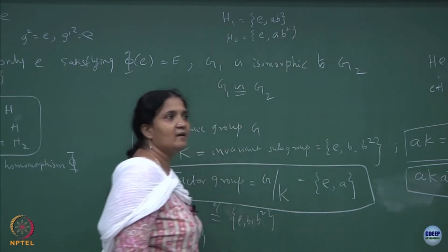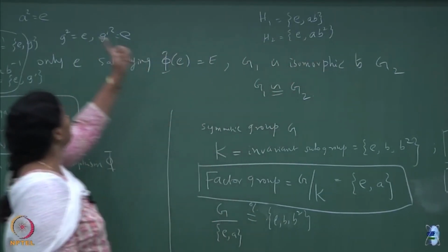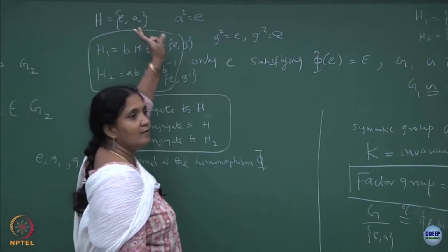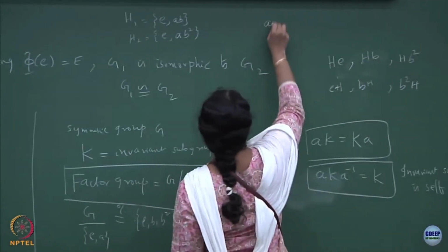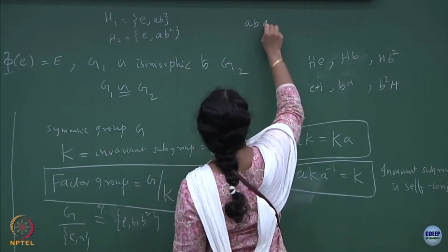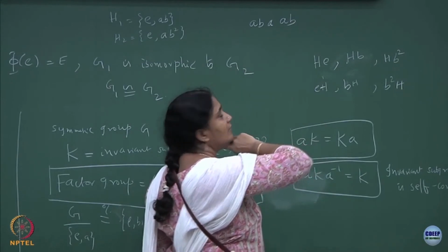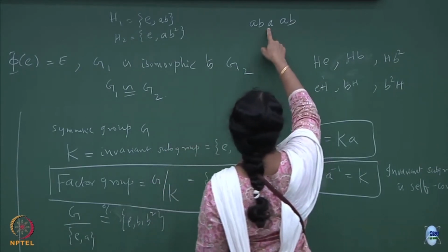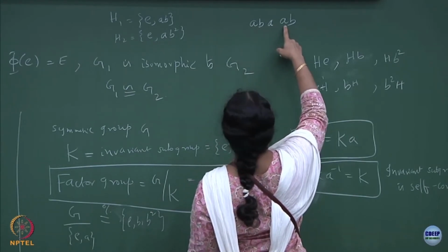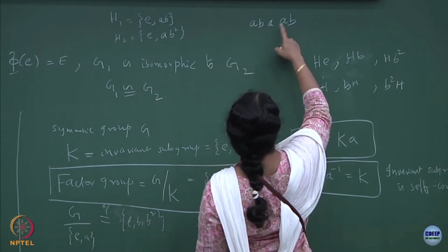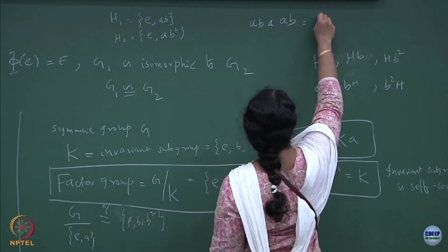So, you can check AB and AB squared will be conjugate to A. Why is that? You can show that AB, if you do it, you can get BA was AB squared, A squared cancels, B squared A will become again AB, it will become B squared I think.